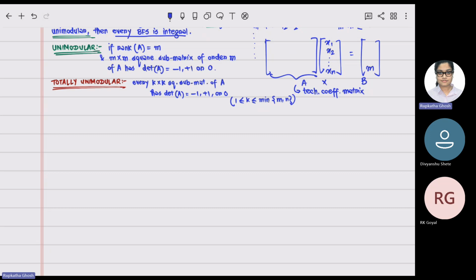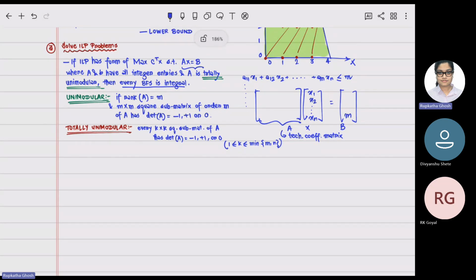And due to this totally unimodular structure, you can solve the transportation problems using simplex or any other method. So this is one way of solving it.